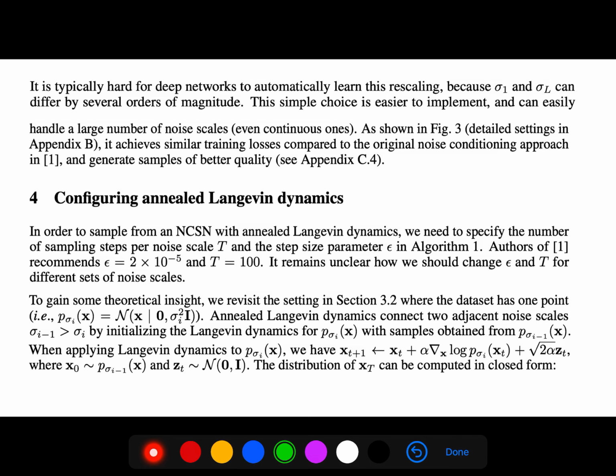For example, to gain theoretical insight, annealed Langevin dynamics connects two adjacent noise scales by initializing the Langevin dynamics with samples obtained from p sigma i minus 1, another scale.